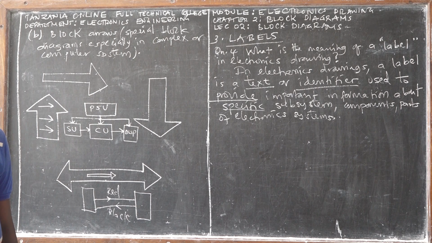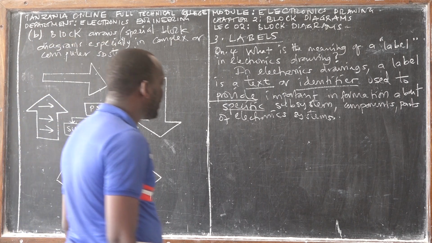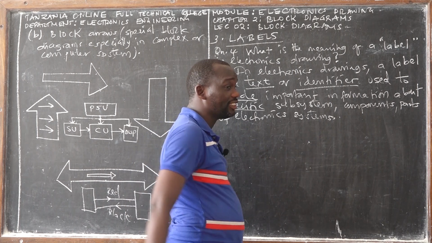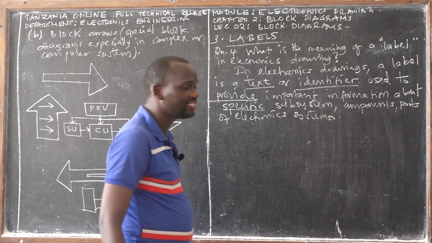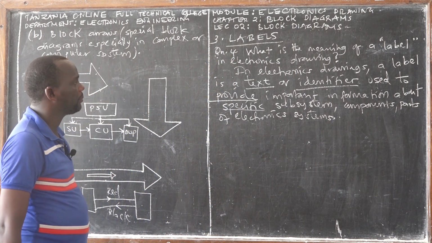A label is a text or identifier used to provide important information about specific subsystems, components, parts of electronic systems. Some students who say system are writing systems. Stop writing, I say.